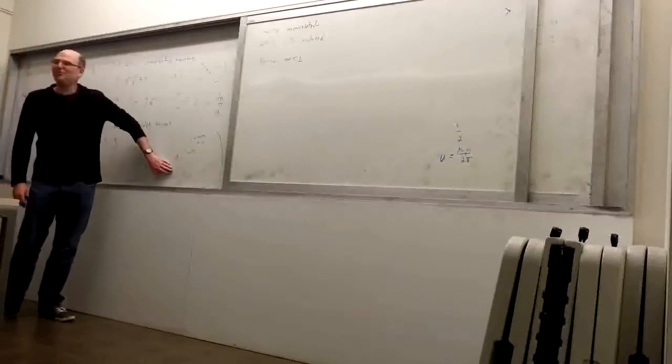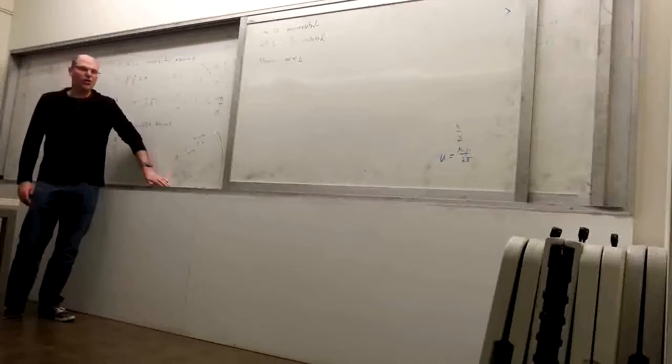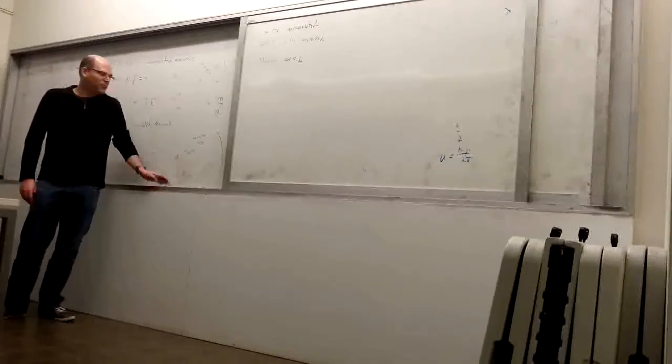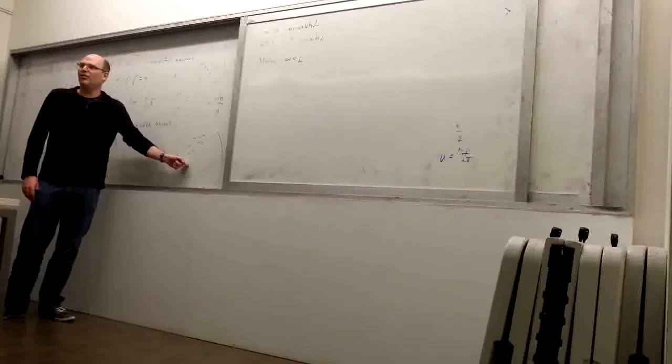So the way to ask really what values of alpha are possible is to remember that this matrix has a property that it always has to obey, and this is a positive definite matrix. Covariance matrix is always a positive definite matrix.